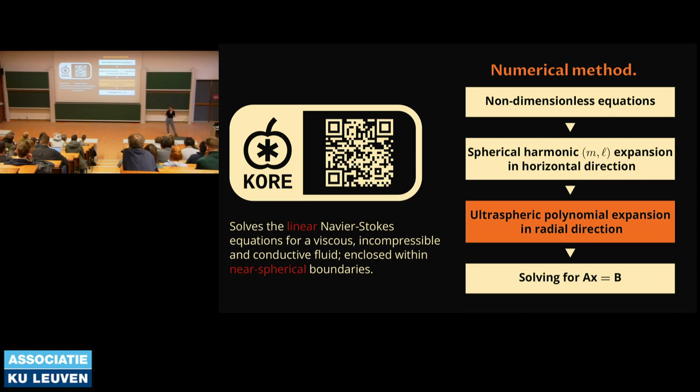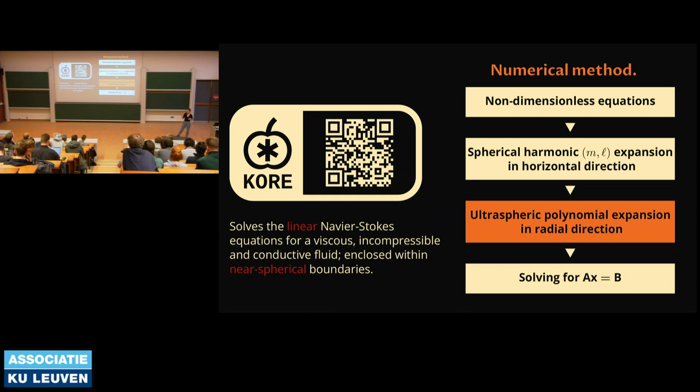And because I said I use linear equations, it also solves it in near-spherical boundaries. And in very simple steps, of course, there's a lot more computation involved, what we do is we have the equations that I just showed you. Then we make those non-dimensional, so that we can control them.